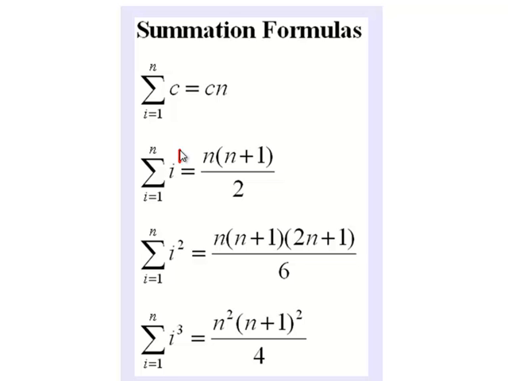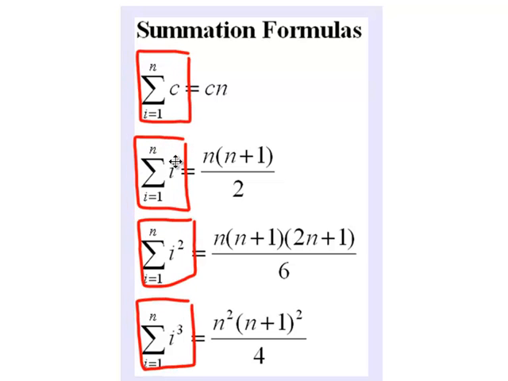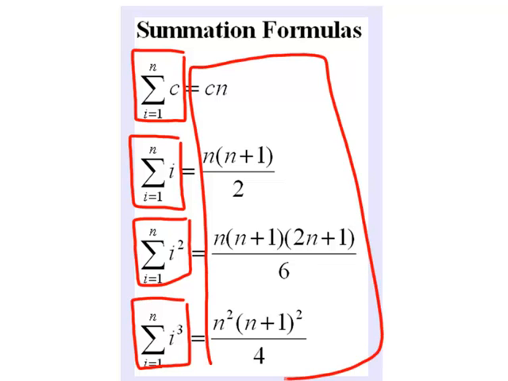We need to strip the sigma down to just sigma i, and/or sigma i squared, and/or sigma i cubed, and/or sigma and a constant. And we can certainly have multiple sigmas if need be, but we need to start by getting it down to this point. And then once we've got that, then we can substitute in the respective formulas here.